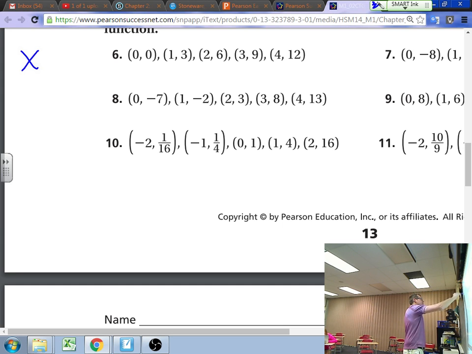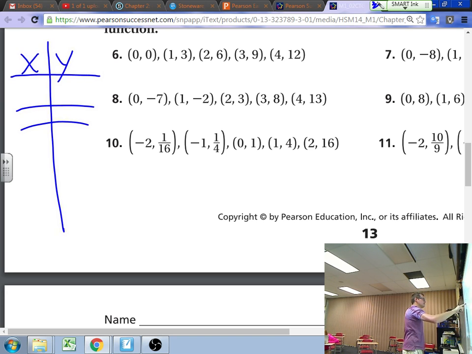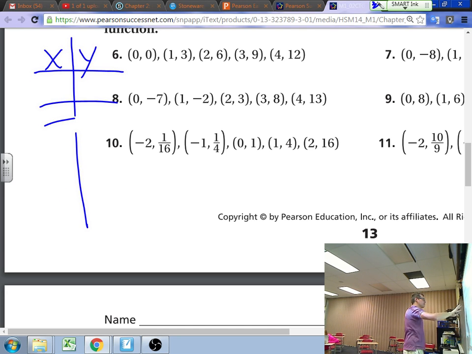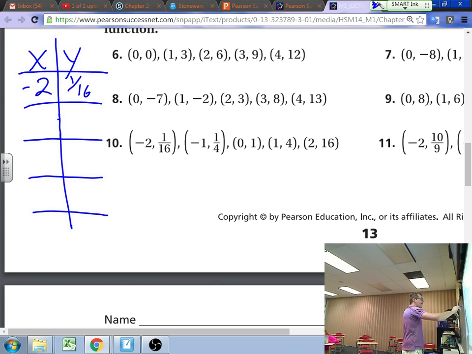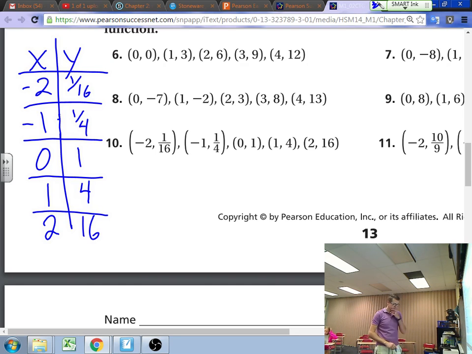Let's do my XY table. -2 and 1/16, -1 and 1/4, 0 and 1, 1 and 4, and 2 and 16. What do you see happening there to my y value?